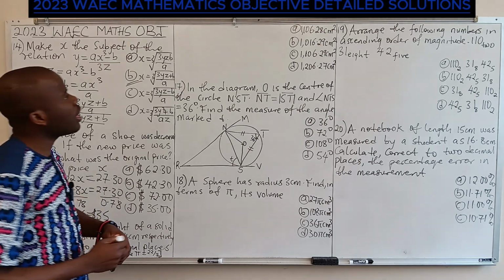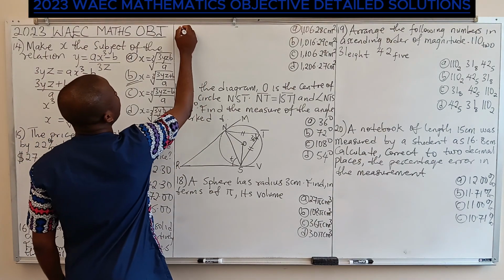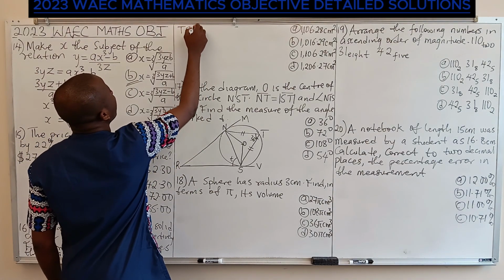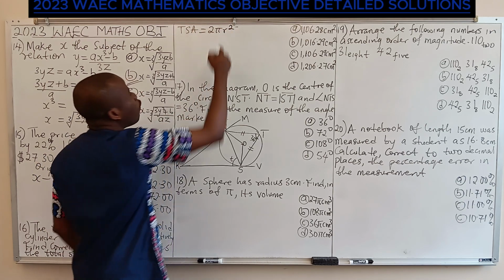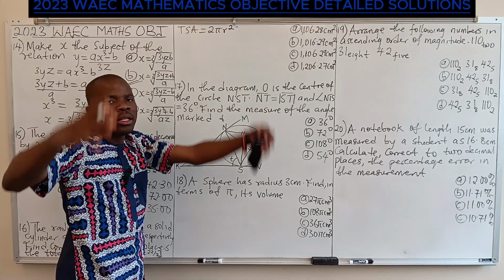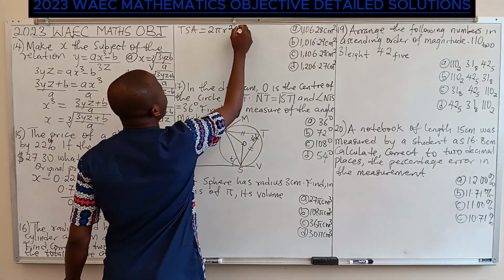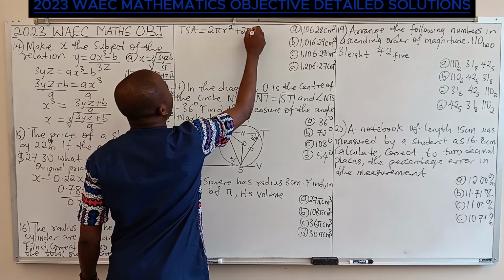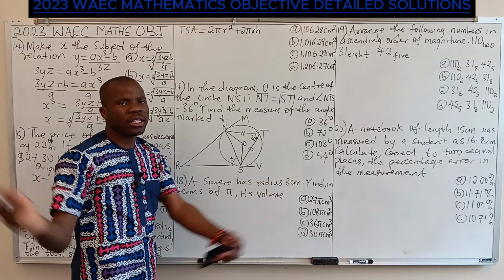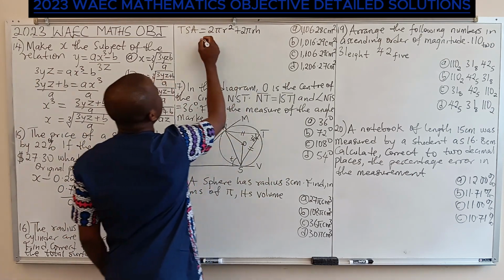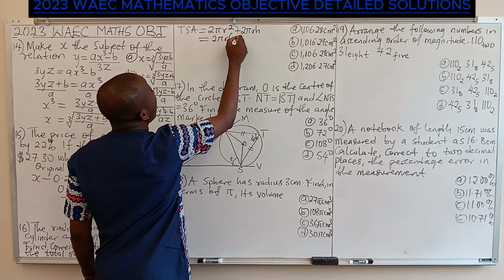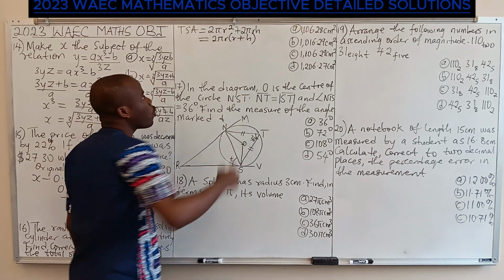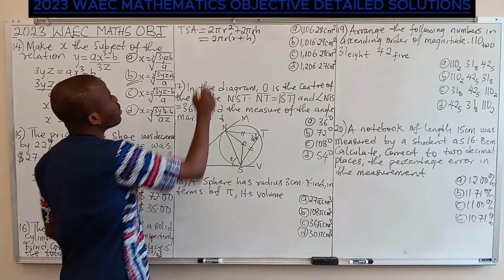The total surface area of a cylinder is given by the formula 2 pi r squared for the two circles at the end plus 2 pi rh for the curved surface area. This can be simplified as 2 pi r times r plus h to make your simplification faster.